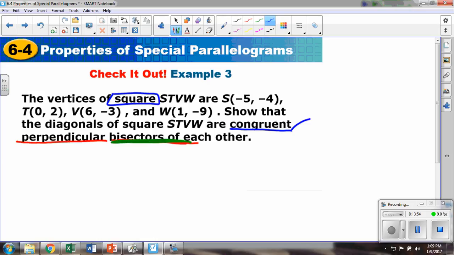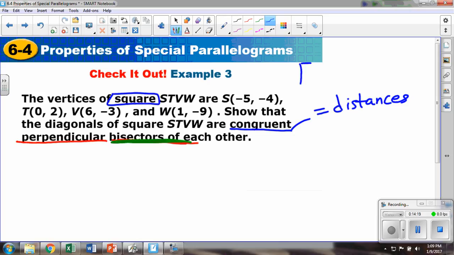We know that in order to get congruent, we need equal lengths or equal distances. So we are going to have to use the distance formula. And I'm not going to do this for both of them. I'm looking at the diagonal.